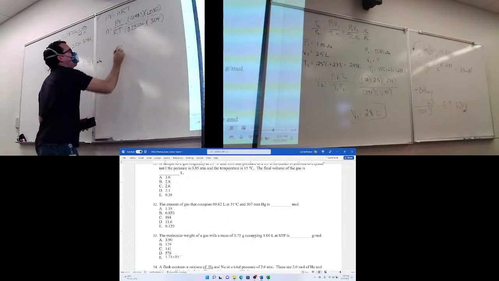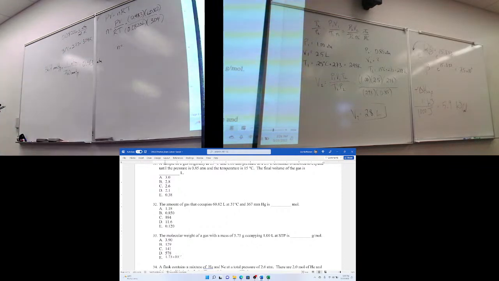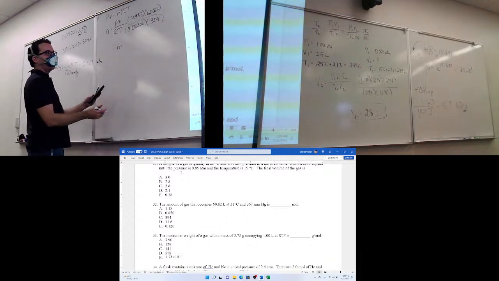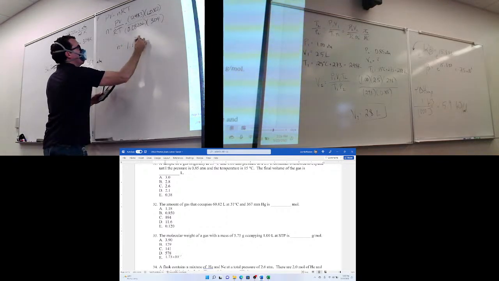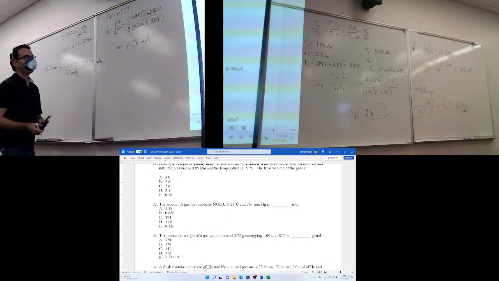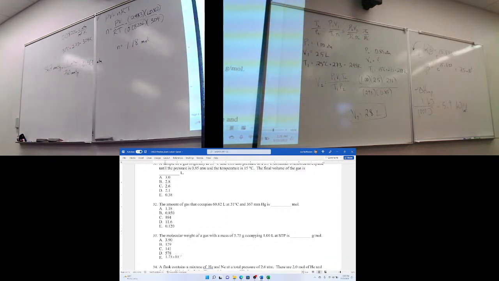So n is going to be in moles, 0.483 times 60.82 divided by 0.08206 divided by 304. 1.17, 1.18 if I round it right. And there it is, A. 1 mole of gas, or about 1 mole.